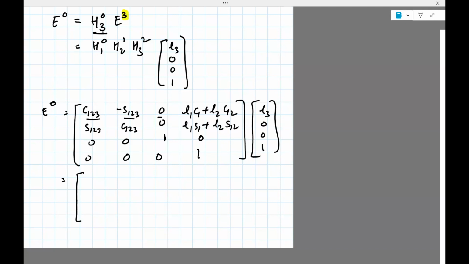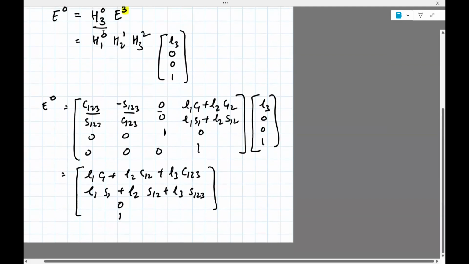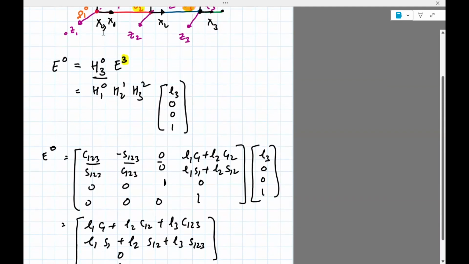So what you get is this: L1 C1 plus L2 C12 plus L3 C123, L1 S1 plus L2 S12 plus L3 S123, and then 0, and then 1 is a placeholder. S123 is sine of theta 1 plus theta 2 plus theta 3. C123 is cosine of theta 1 plus theta 2 plus theta 3.